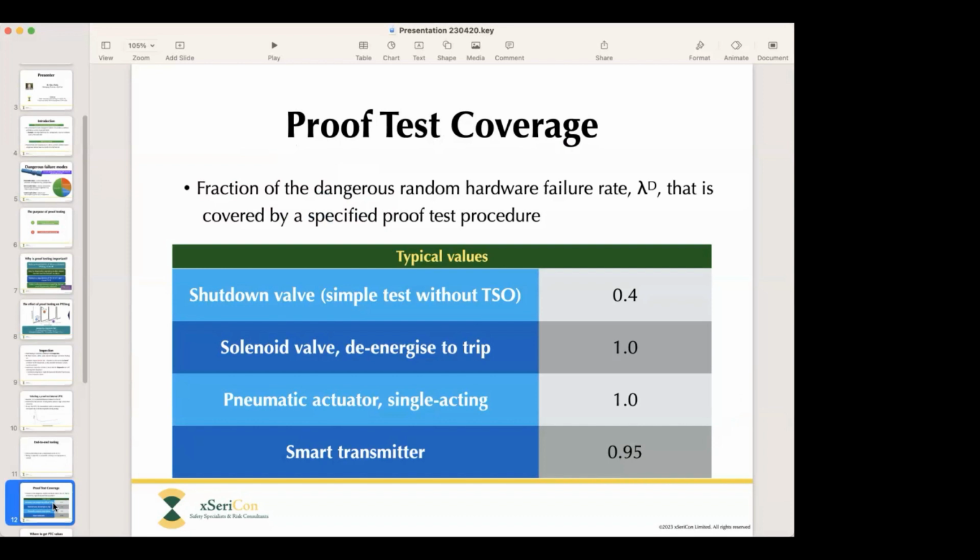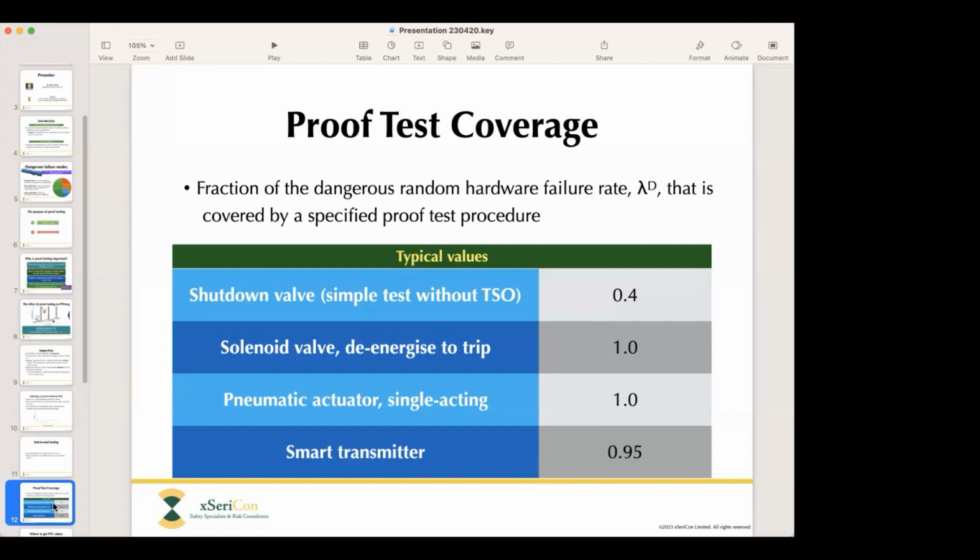For a solenoid valve, the solenoid valve that controls the air going to a pneumatic actuator, the discoverable failure proof test coverage is essentially 1. We pretty much can detect all of the potential dangerous failures in that device by doing a typical proof test.